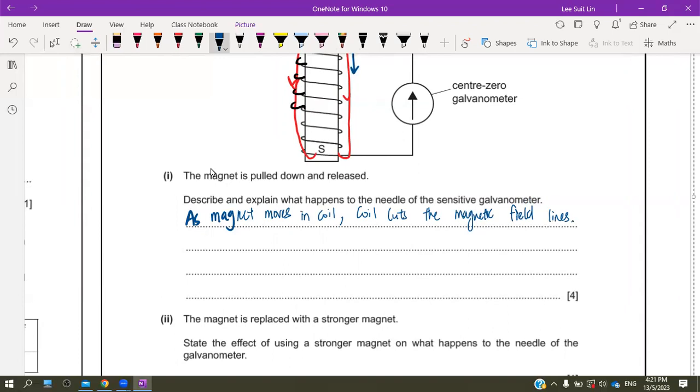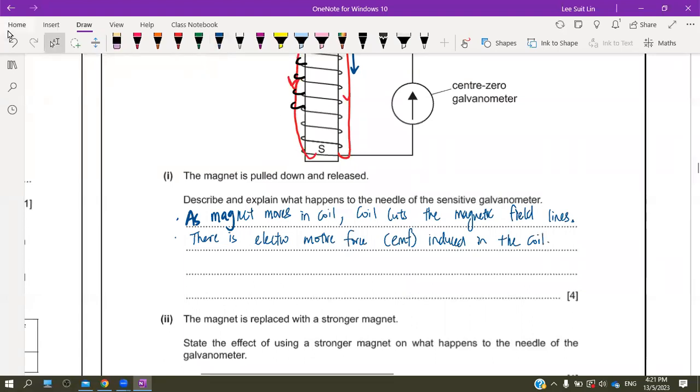Right, that's the first point. Because of this, say there is electromotive force, short form EMF, induced in the coil. The word induced is compulsory because it's only applicable to this particular phenomenon.